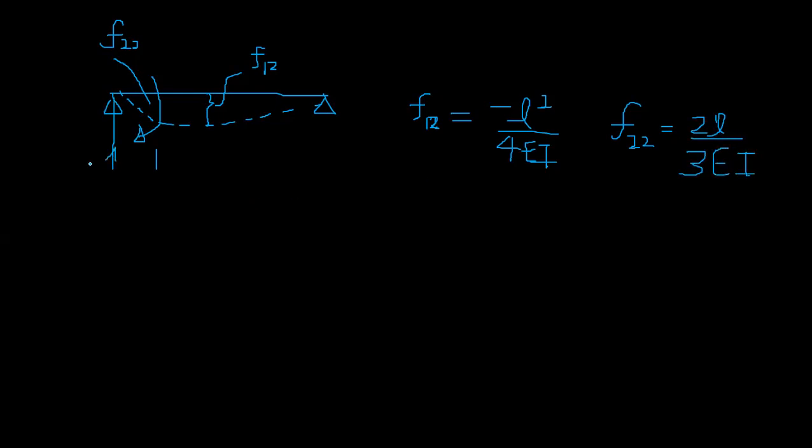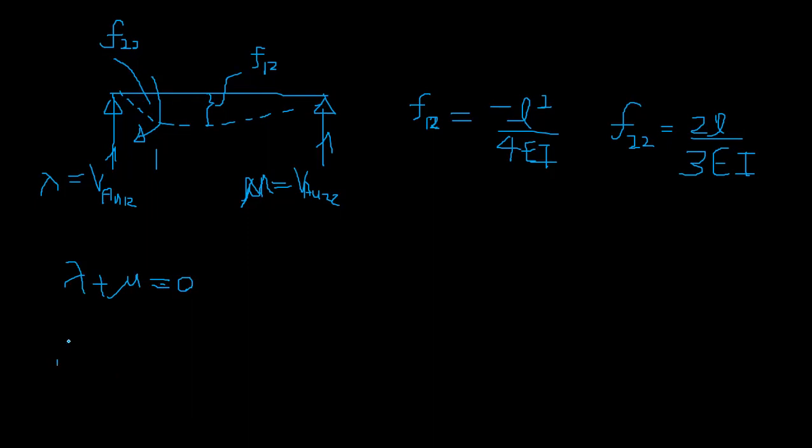And you can determine these reactions as well. So you can consider the equilibrium. I'll call this lambda because I'm too lazy to write this again, and mu. Lambda and mu. So if I take the horizontal equilibrium, lambda plus mu equals 0, because there is no external force, only this bending moment, right?